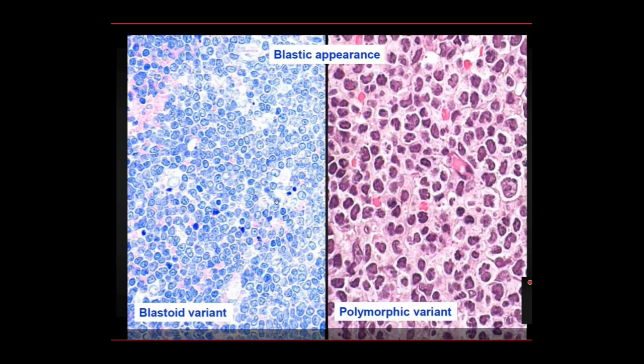Here the blastoid variant. Is there anything that comes to your mind? Cells are not as big as in diffuse large B cell, but they have the features of a quite activated cell with completely open chromatin and nucleoli. If we had time, but we don't, we would see maybe in hematology lymphoblasts; this would resemble an immature neoplasm. Be very careful. They are usually homogeneous.